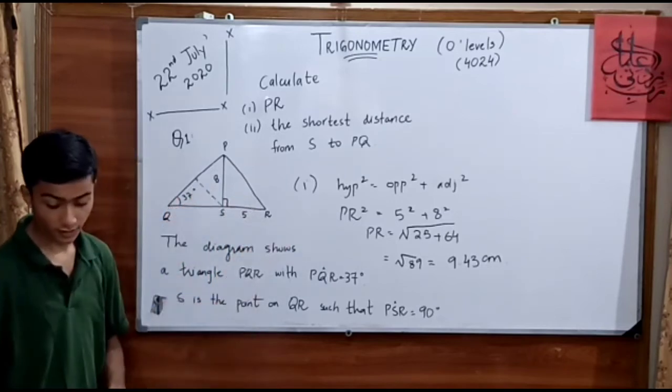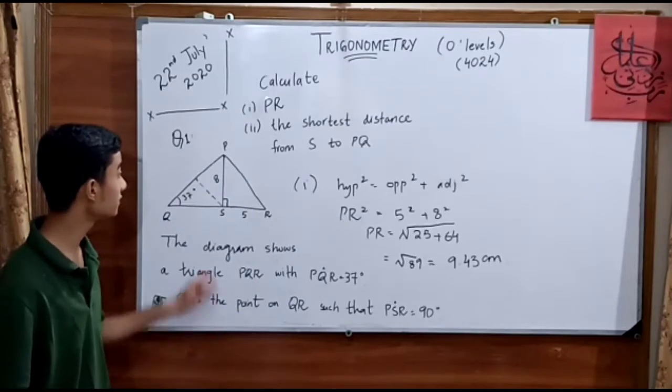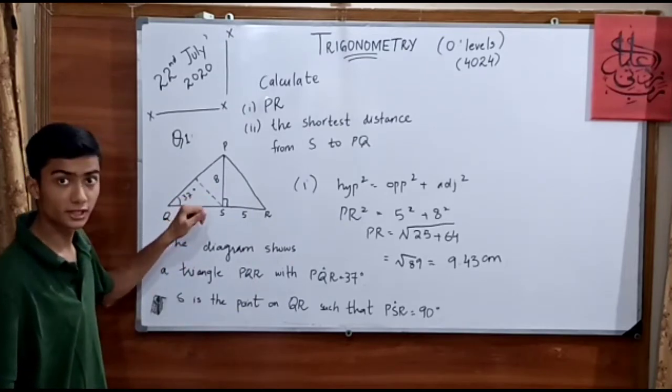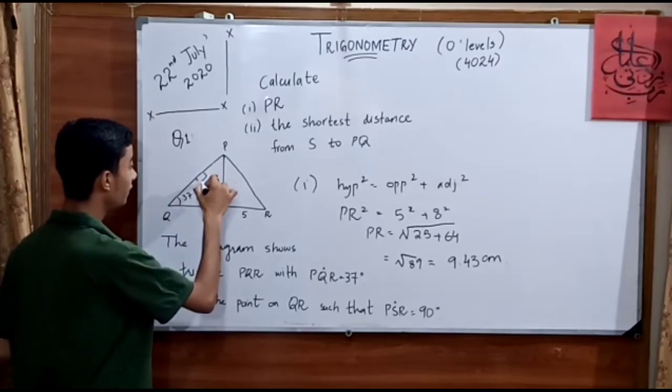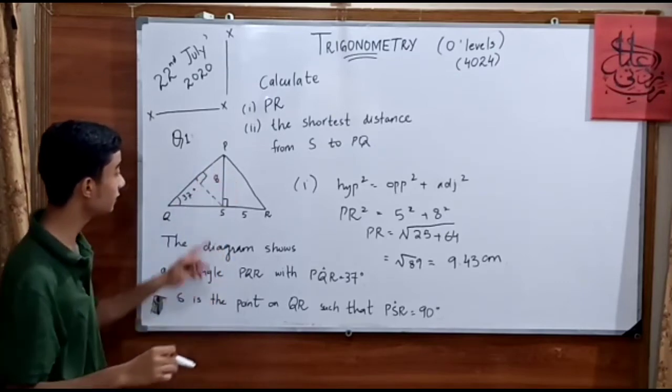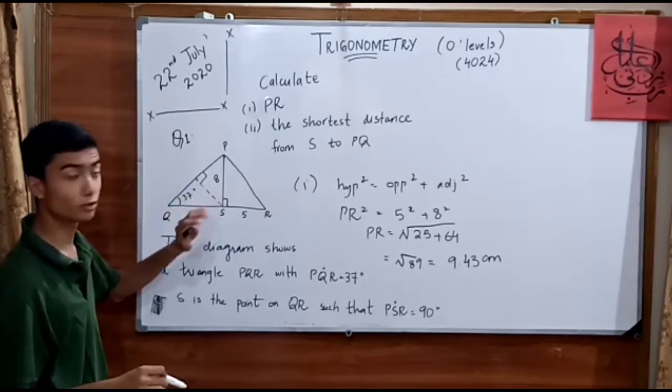Now in this way we know that the line we have drawn is perfectly horizontal. You can also check it with a protractor. But the concept is that we have found the shortest distance.